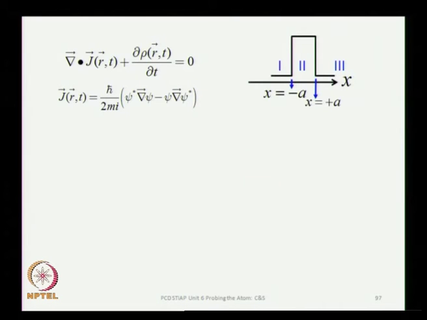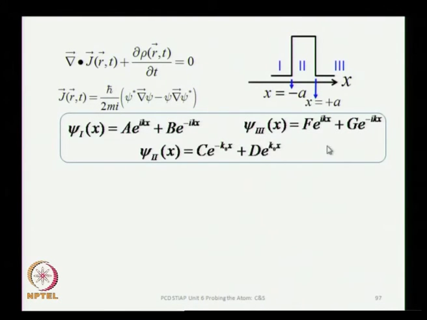You have regions 1, 2 and 3, and you can apply the boundary conditions at minus A and plus A. You have the equation of continuity, which is well known to you. This is the current density vector, and you can get the current density vector for the 3 regions and subject it to the equation of continuity: the divergence of J is equal to the negative rate of change of the probability density, which is just the statement of conservation of flux.